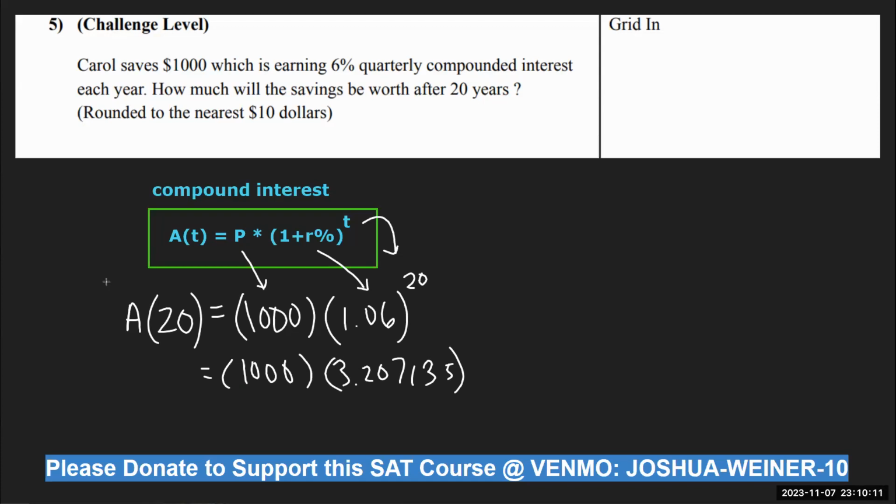Then, since we're multiplying that by 1,000, we have to move the decimal 3 places to the right. So the final value of Carol's investment will be $3,207.13, but there's no half pennies anymore.